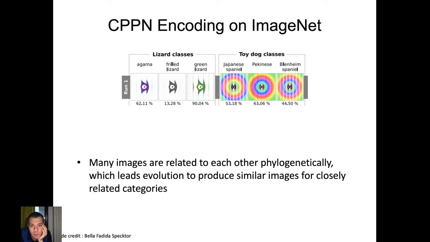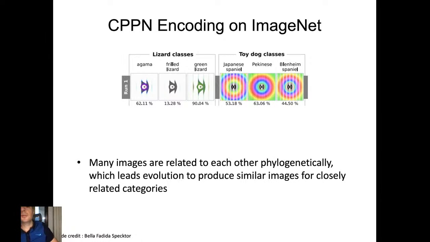They also analyzed that and see that these images are related to each other. When they generated these images, they observed that, for example, for this small dog, spaniel or Pekingese, they generally obtain patterns that are very similar to each other, and the same happens for lizards and other reptiles.